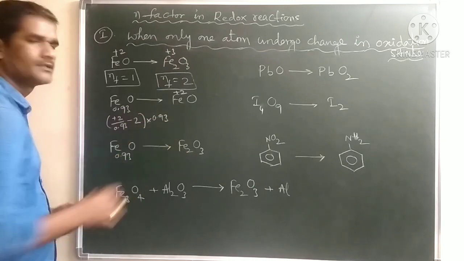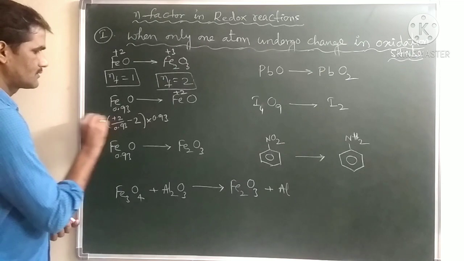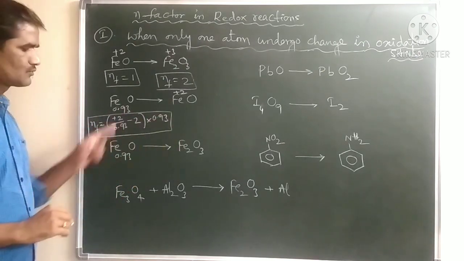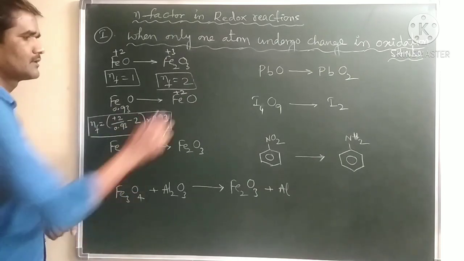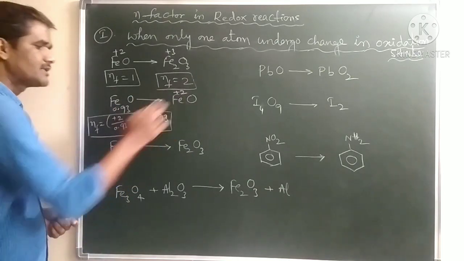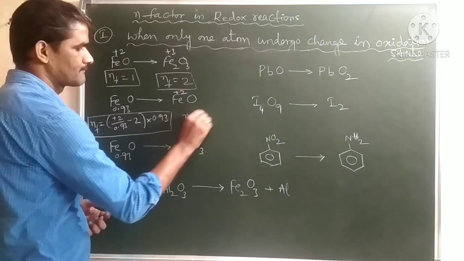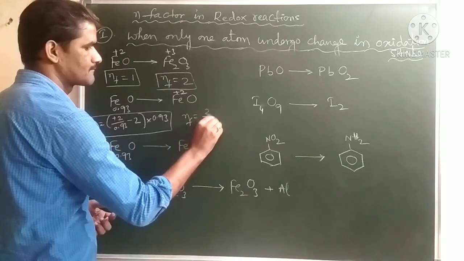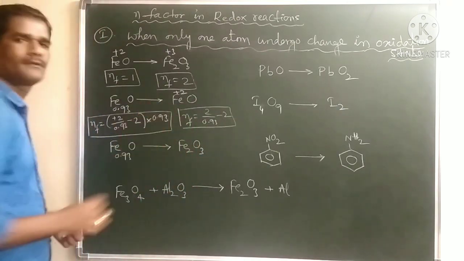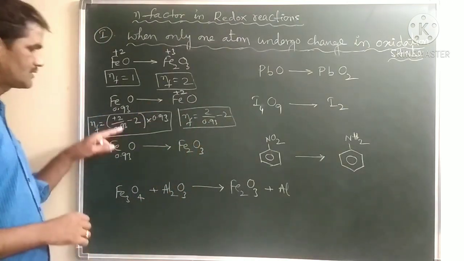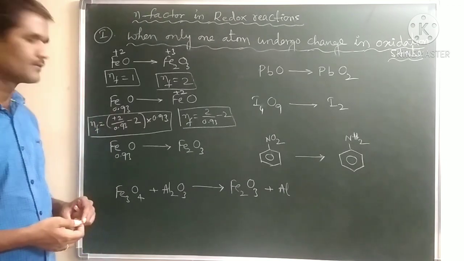So the overall N factor is 2 by 0.93 minus 2, into 0.93 atoms. And for FeO, again the change is the same, 2 by 0.93 minus 2. This is the N factor for FeO and this is the N factor for Fe0.93O. It is a non-stoichiometric compound.